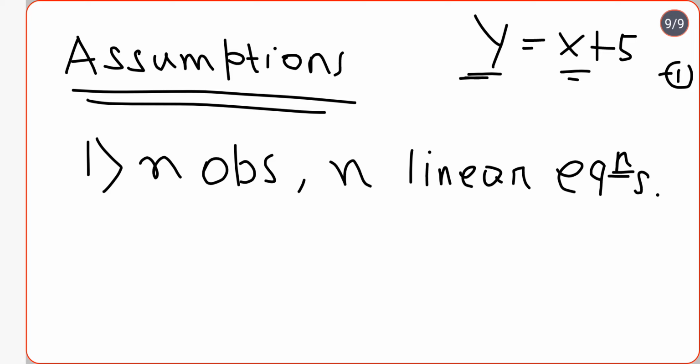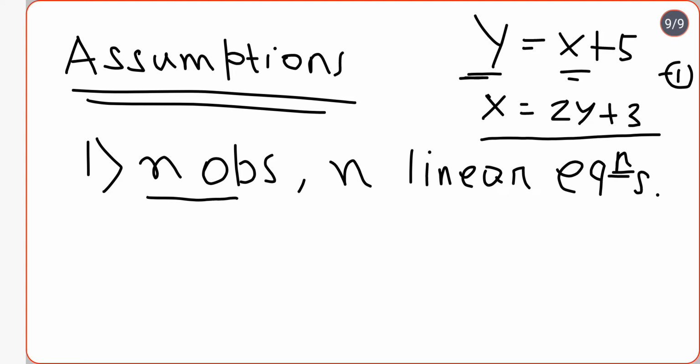For that you need at least two equations. So x equals, suppose, 2y plus 3. Now from these two equations you may find out the value of the two variables. So that is the first assumption: if there are n observations, then there are n linear equations, otherwise you won't be able to find out the value of the parameters.